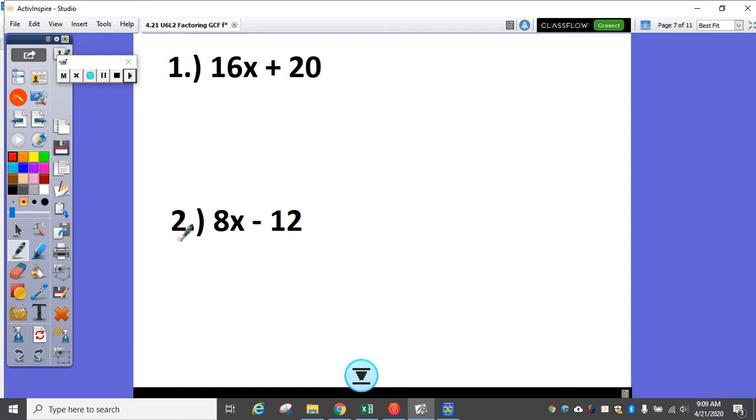So 4 is the largest number that will go into 16 and 20. So we're going to take that 4 out of both of those. This is an x and no x, so I cannot take an x out. So now we want to see what we have left. So let's use this as our divisor. So 16x divided by 4 gives me a 4x. 20 divided by 4 gives me 5.